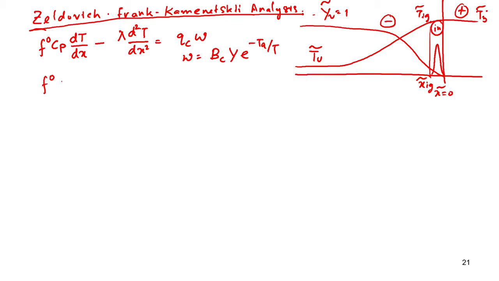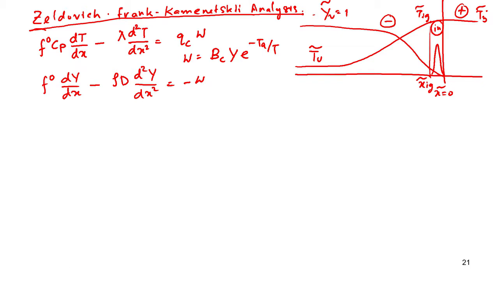And the species equation, convection term minus diffusion term. This is not omega, this is W.